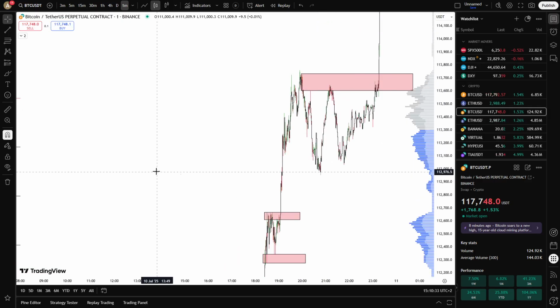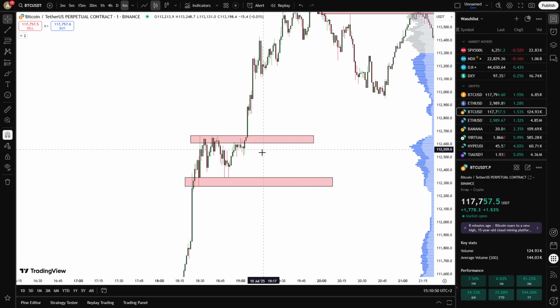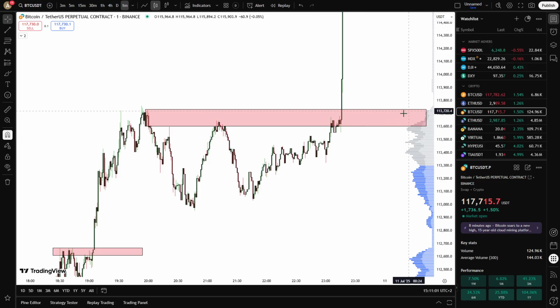The point I was talking about yesterday, that this could be a distributional range, was because we were building value here. So we did not want to see price push below this, because if this would have happened, this would likely have been that local top. But instead of breaking down from this, it's quite clear that we broke with volume, so you continue that break. What do you have after? A new compression.